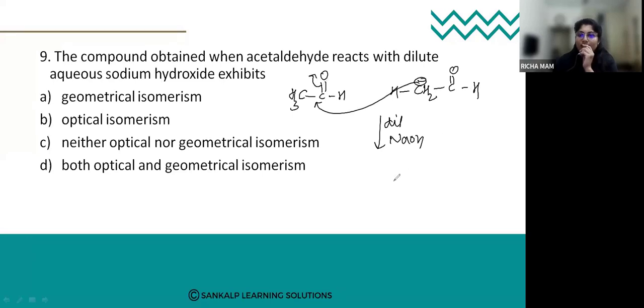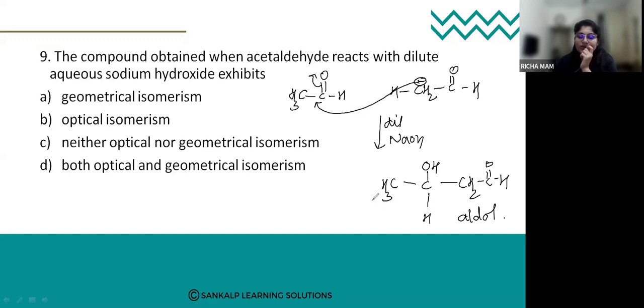And what am I going to get? I'm going to get CH3, CHOH, then CH2 and C double bond OH. So this is aldol. Now, in this product, you have to find the isomerism.